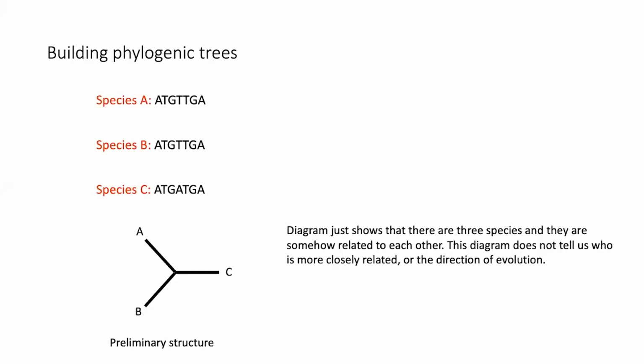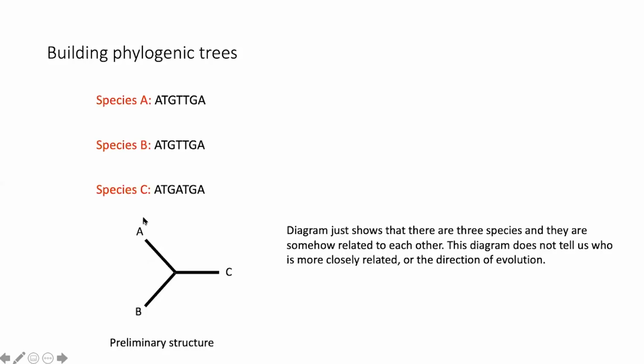Okay, so now what I want to do is just walk through a scenario where we have DNA sequences. These could be RNA sequences if we're looking at SARS-CoV-2, but I'll focus on DNA for this lecture. Basically we've sequenced a very small bit of the genome, just a fraction of a gene from species A, species B, and species C. The first thing that we want to do is establish that they are related to each other.